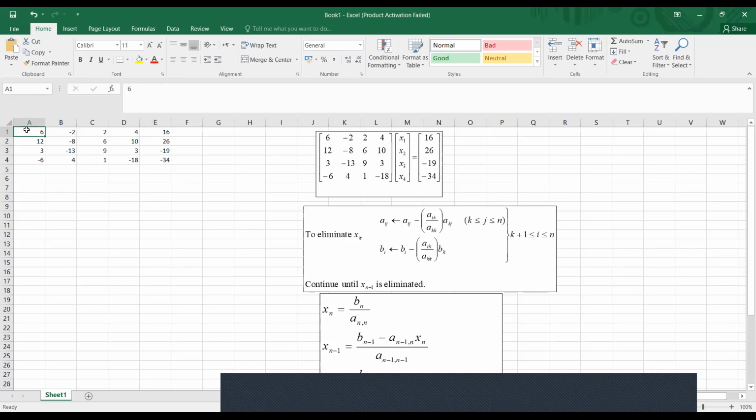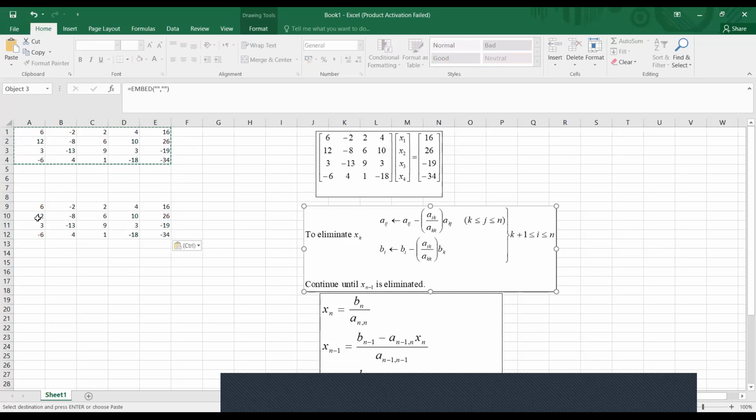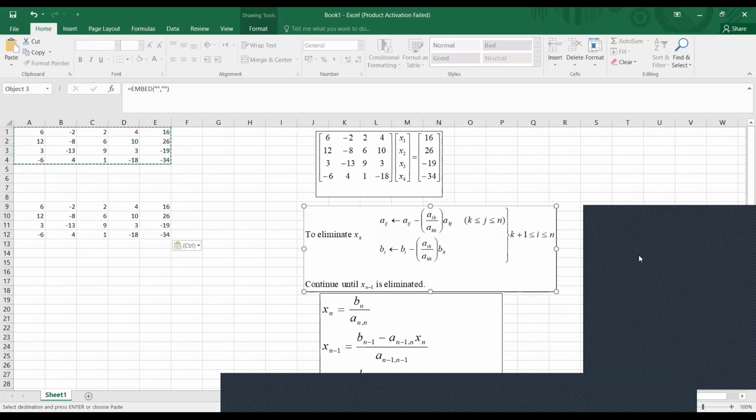In the initial stage, I am just copying the entire matrix here and want to enforce this step at row number 2. So what was the formula? The formula was Aij minus, just keep i and j as 1 and 2.